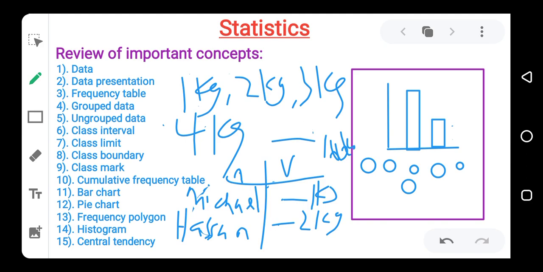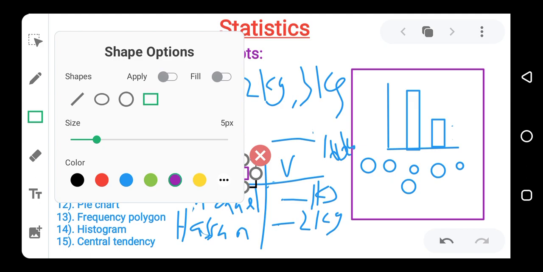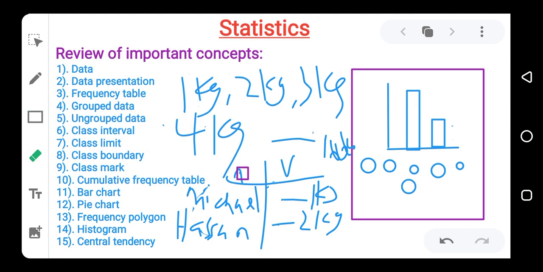Now, in grouped data, you may decide to say that representing these students, there are up to 100 students in the class, and their weights vary.